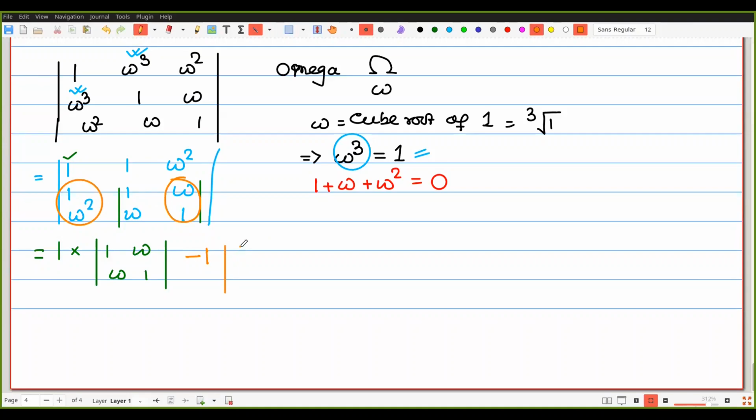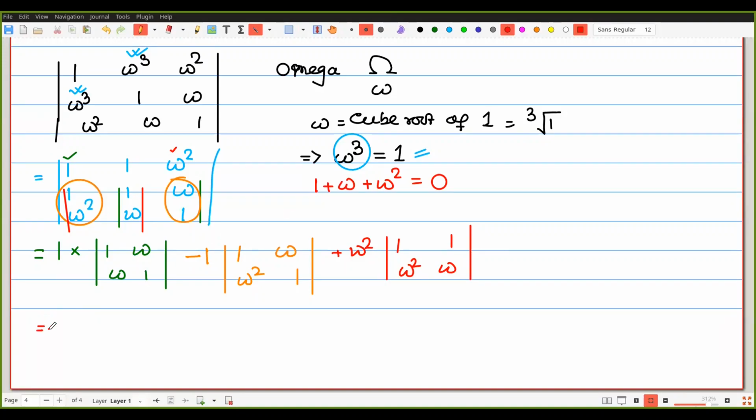So it is becoming 1, omega square, omega square, 1. Finally, which one? Now omega square. So that is plus omega square, and which ones? That one, that one. So 1, 1, omega square, omega, just writing in the form of expansion of the determinant.